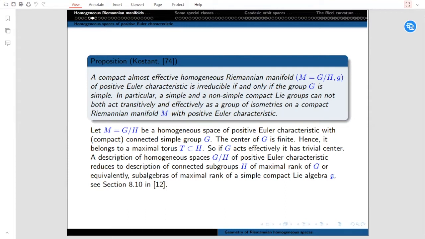A description of homogeneous spaces of positive Euler characteristic reduces to descriptions of connected subgroups H of maximal rank of G, or equivalently subalgebras of maximal rank of the simple compact Lie algebra g. This is a very standard thing, the classification of such subalgebras.